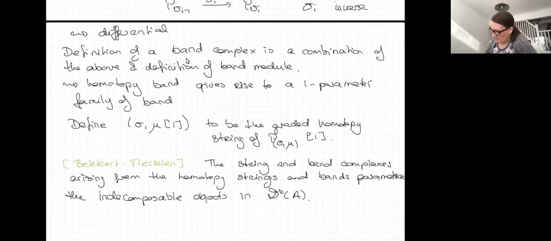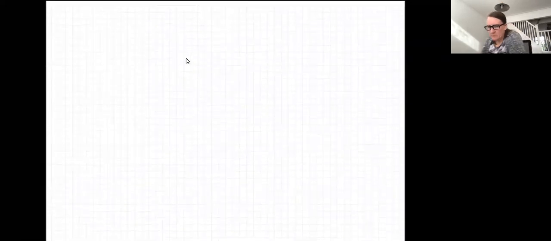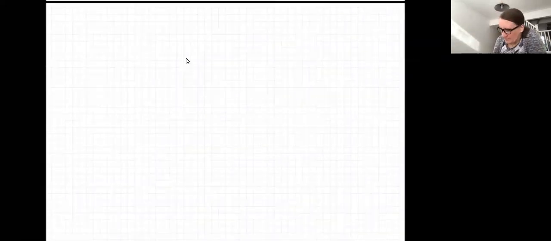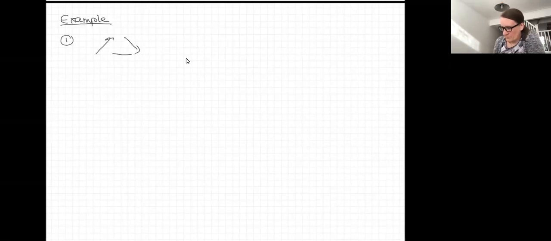Okay, so let's see how that works. So, an example. Maybe we'll do again the same homotopy string that we had above. So we have vertices 1, 2, and 3, arrows A, B, and C, and we had the homotopy string A, B, C inverse.